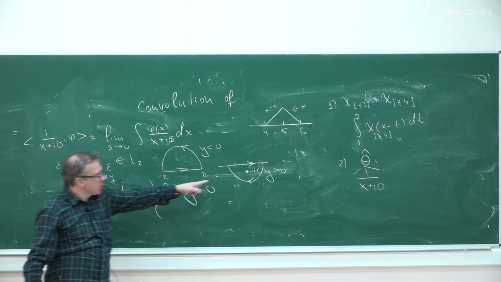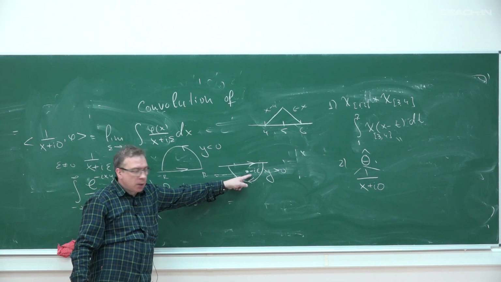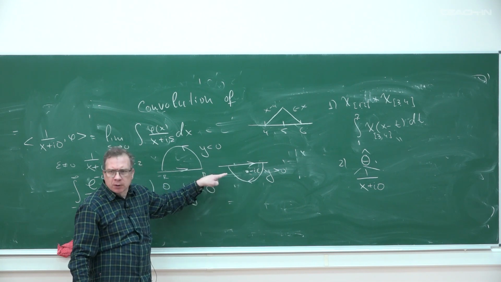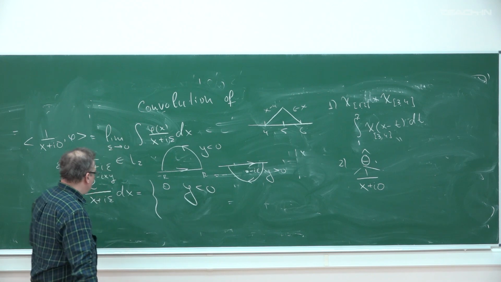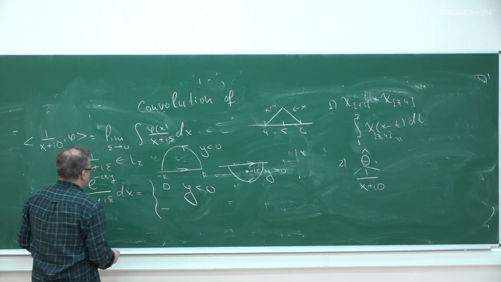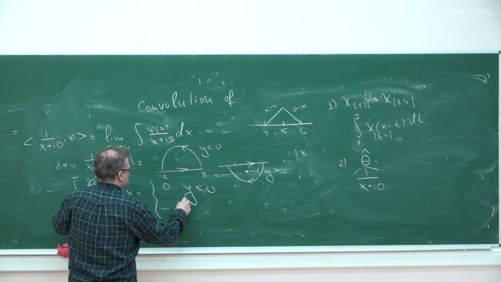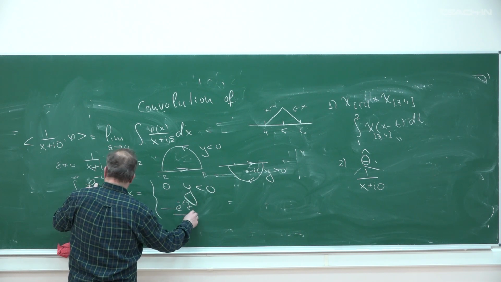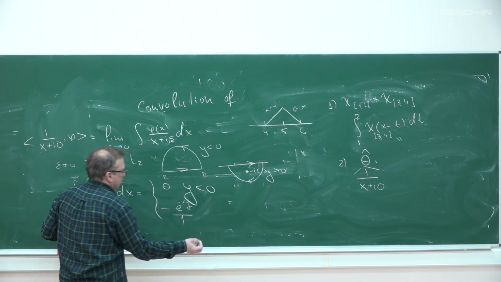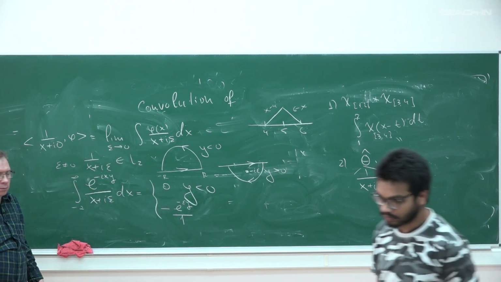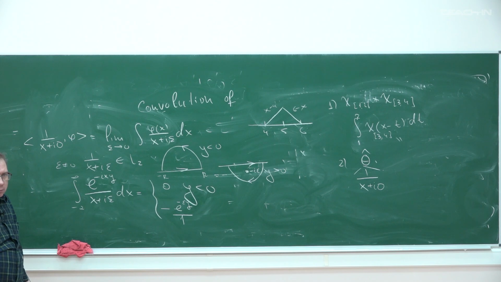But for this case we have a residue and a negative orientation, so it equals minus e to the minus epsilon y divided by 1.